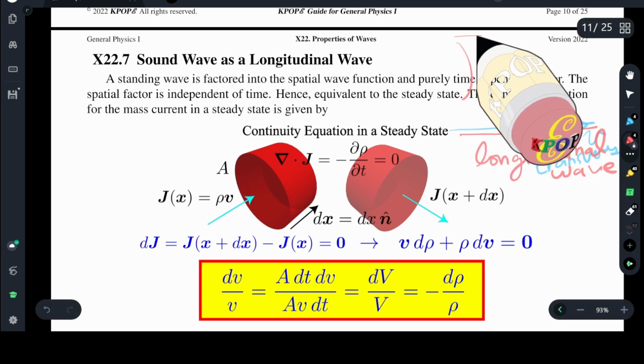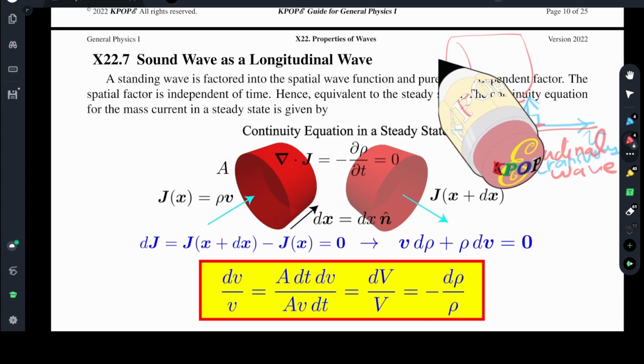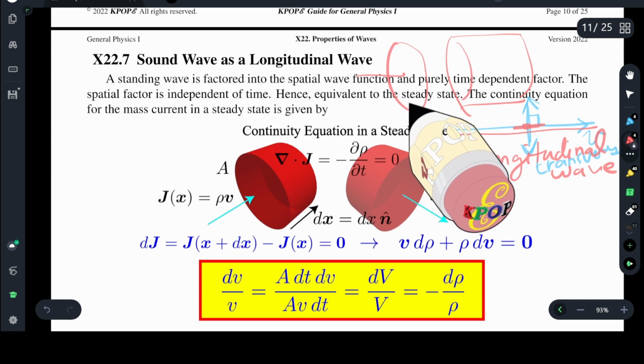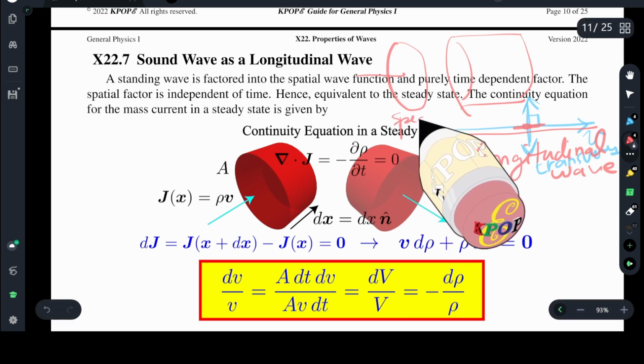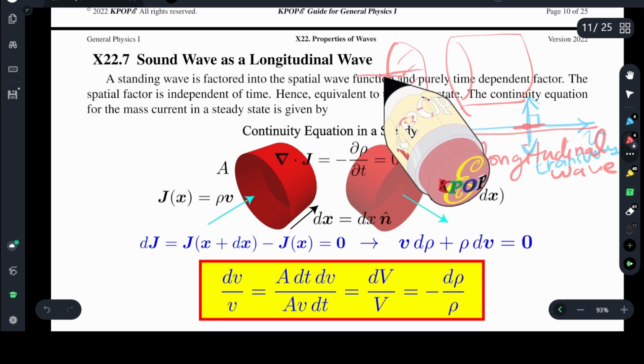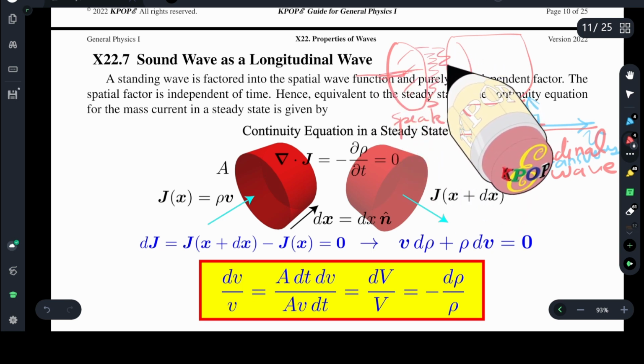That means we have air and there is some piston, like a speaker. The speaker has a membrane, it vibrates, then the density of air changes.